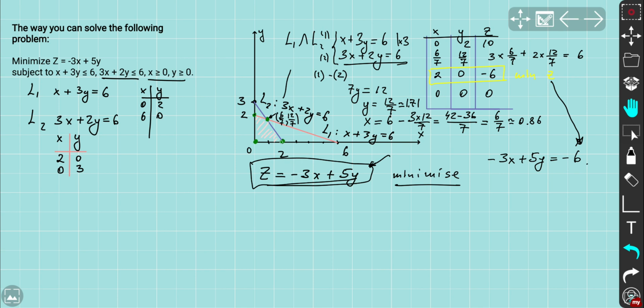They have 4 and 0, and the minimum value for z is going to be negative 12. So that's how you can find resemblance between my examples and what you have in your books, guys. Hopefully you understand that.